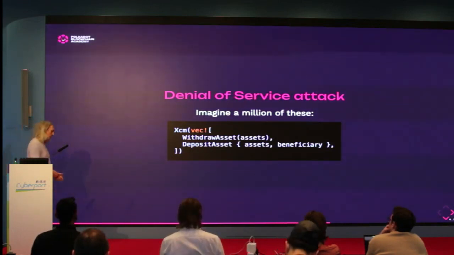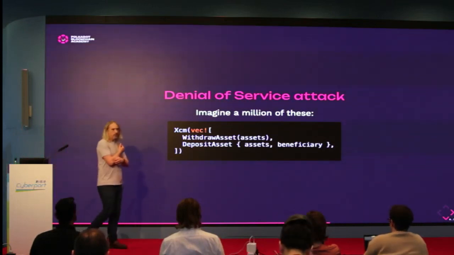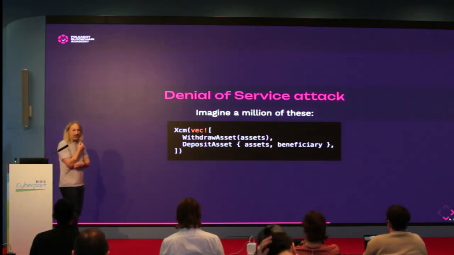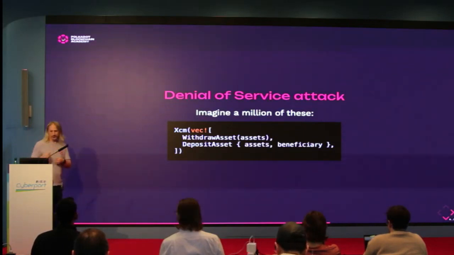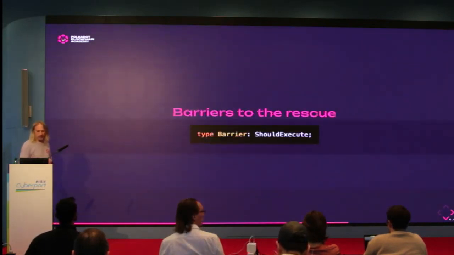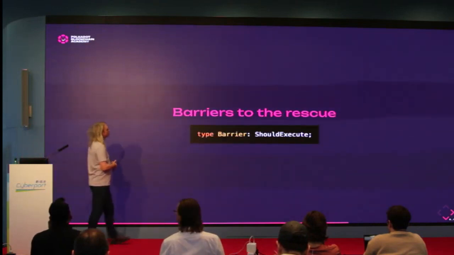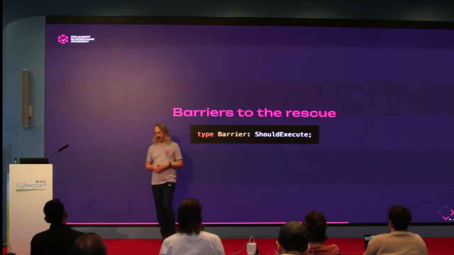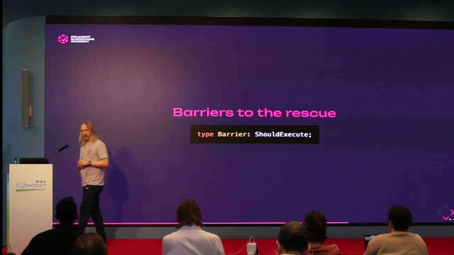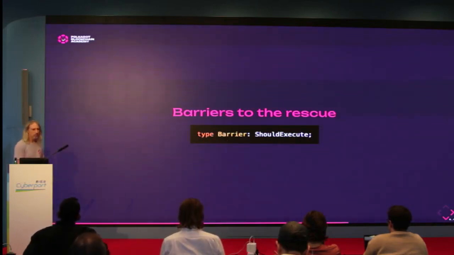So we need some way of ensuring that buy execution is actually in the message. We have a type in our XCVM configuration called Barrier.